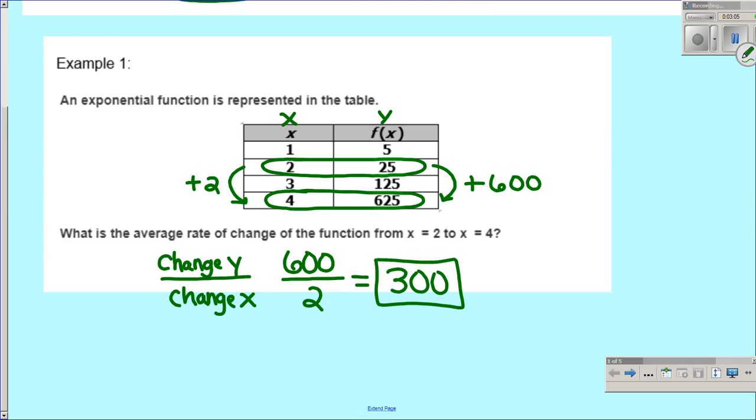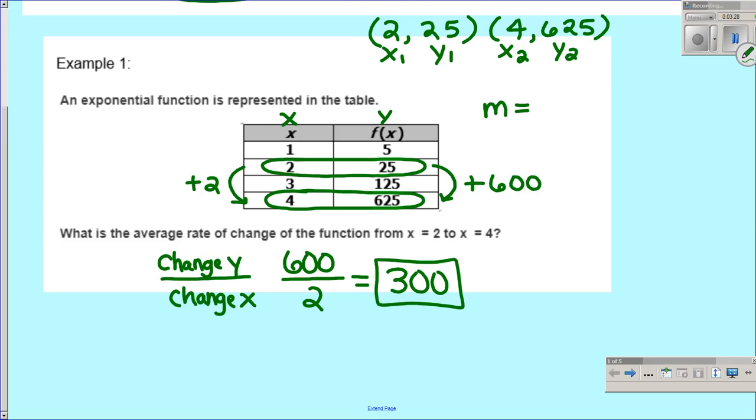Another way to have done this problem is you could pull these ordered pairs out from your table. We have the ordered pair 2, 25, and we're looking at the change to 4, 625. Remember, we have the formula. Your first ordered pair is considered your x1, y1. Your second ordered pair is your x2 and your y2. I'm just going to refer to that as m because slope and rate of change are calculated the same way.